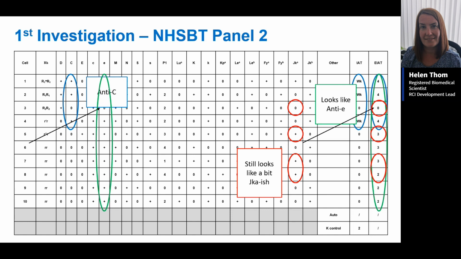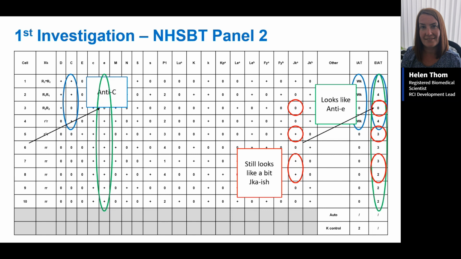So I put some more cells up and confirmed that the anti-C is definitely there. It does look a bit like an anti-little e, but we don't know whether that's an autoantibody or an alloantibody. But it's definitely looking as though it is there. And I was just convinced, though it's small, that there was an anti-Jka there, but it wasn't conclusive.